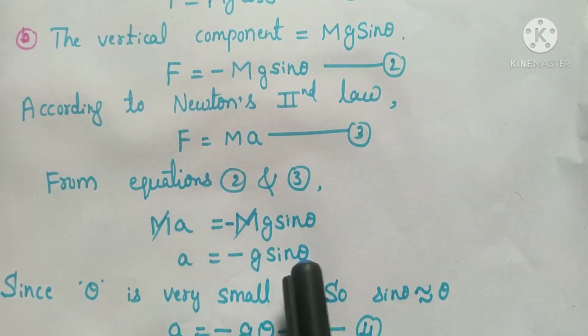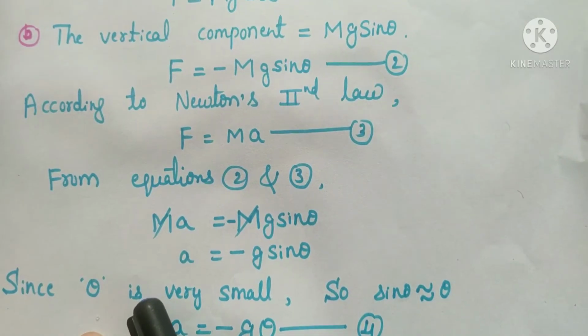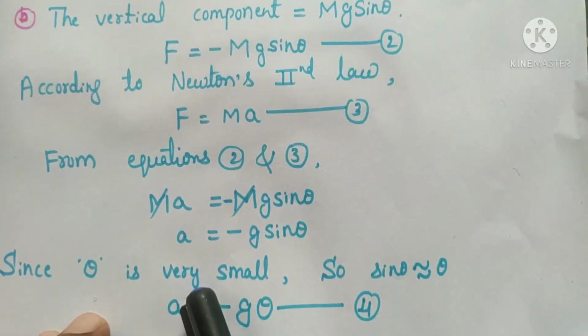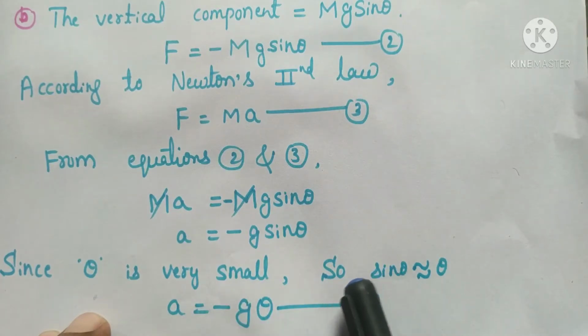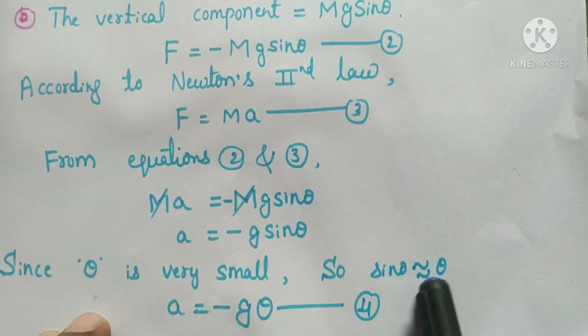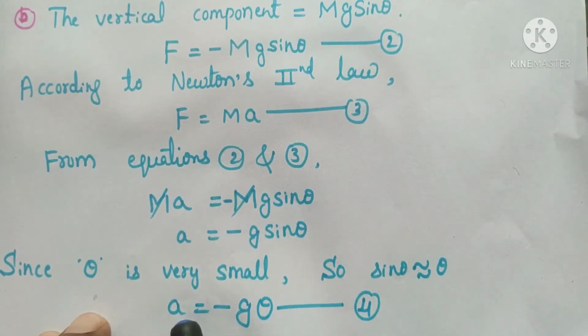As you know, theta is the angle between the length of the string and the vertical or mean position. If theta is very small, then sin theta is nearly equal to theta, so this equation becomes a equals minus g into theta, equation number 4.